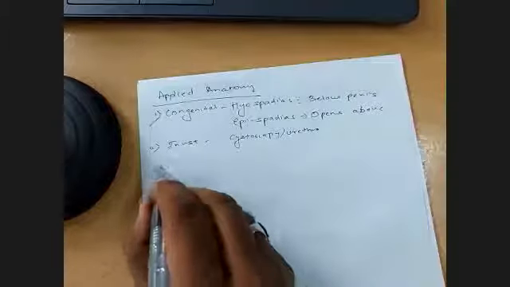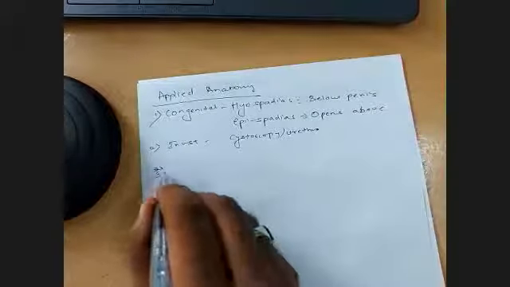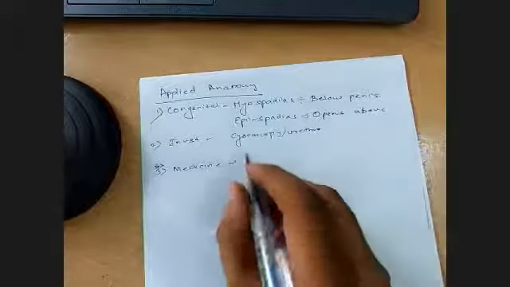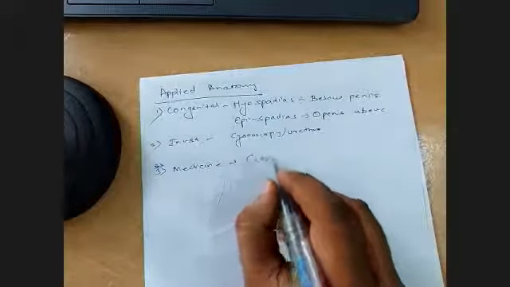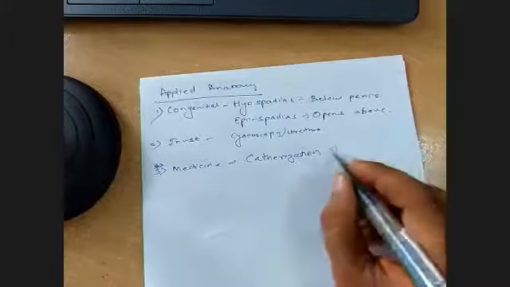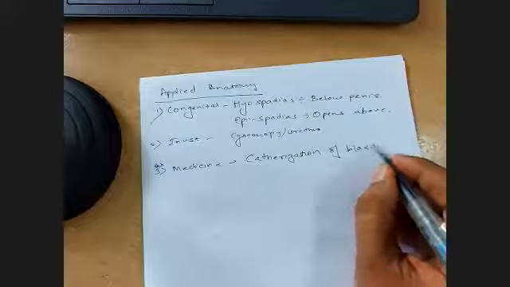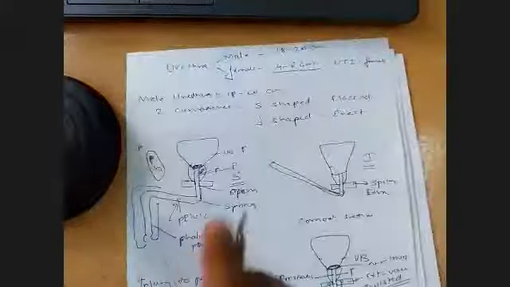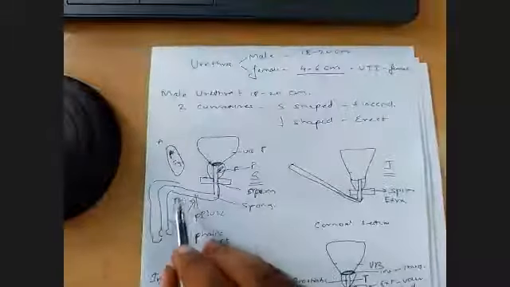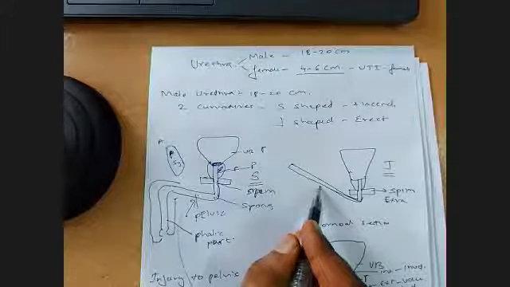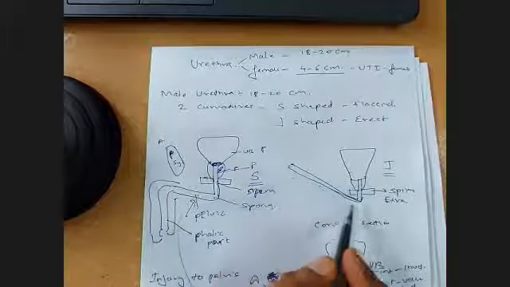But before that, I would like to talk about what is done in the practice of medicine and surgery: catheterization of the bladder. During catheterization of the bladder, the first thing you have to do in a male patient is hold the penis in an erect position, and then pass it.